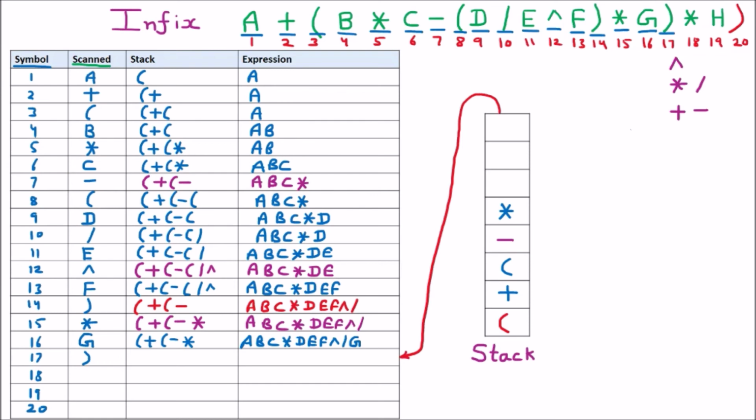First of all, I am writing the existing expression, that is A B C star D E F power slash G. Now afterward take out the top operator, pop it, and put it after the expression, that is star. Then again pop, the minus is coming here. Again pop the bracket. So bracket and bracket got cancelled now.